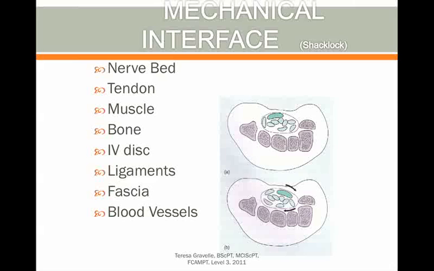The intervertebral disc is the interface to the nerve root as it exits the intervertebral foramen. And down in the foot, the anterior talofibular ligament is the mechanical interface to the superficial peroneal nerve around the ankle. And of course, our whole nervous system is surrounded by fascia and blood vessels.